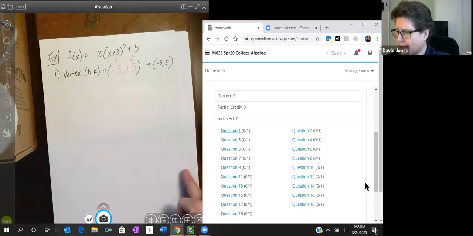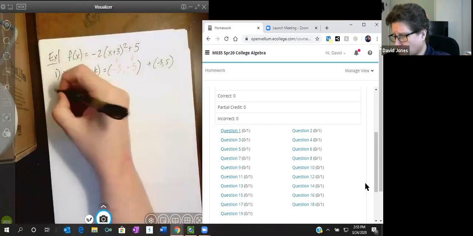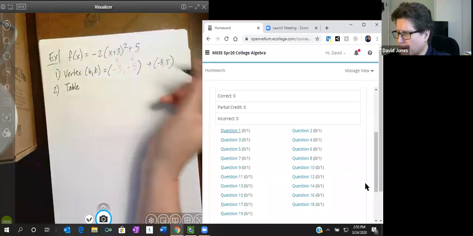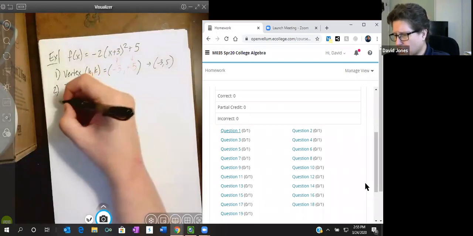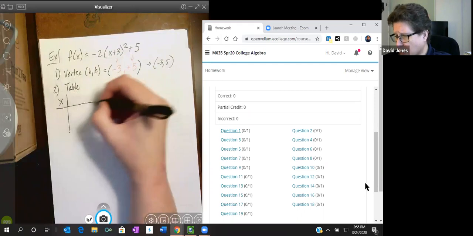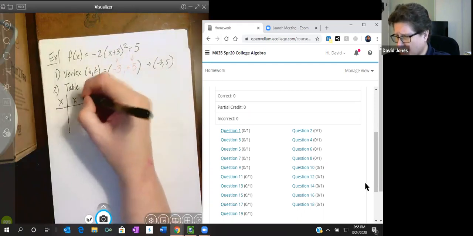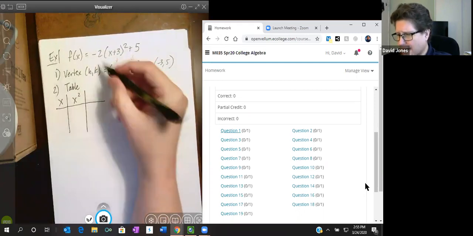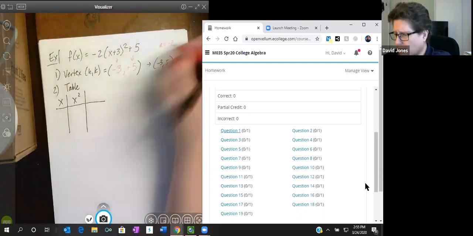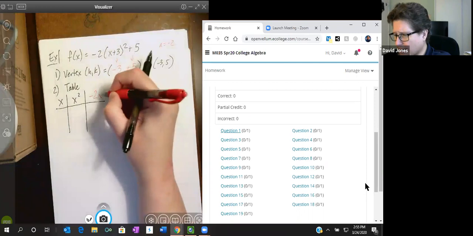Now I'm going to make a table. And I'm going to use my axis of symmetry to shorten it. I don't need to do as much. I have x squared, and now a is -2, so I'm going to have -2 times x squared.